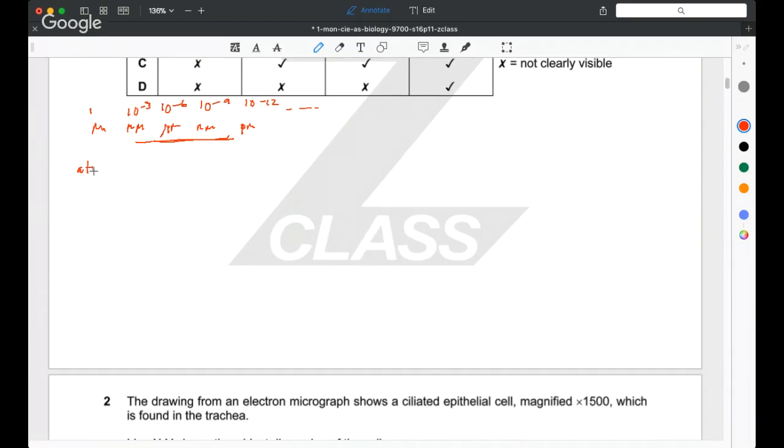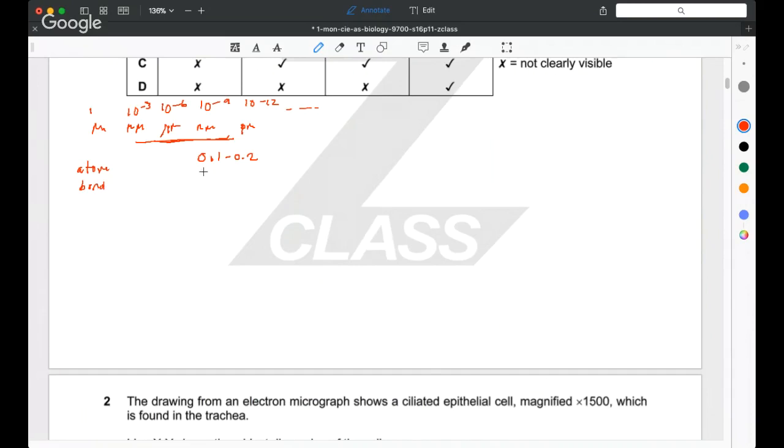The size of an atom is going to be in this range here, about 0.1 of a nanometer. This is the nanometer column here, and this is the micrometer column there. So atoms are about 0.1 maybe to about 0.2 nanometers.